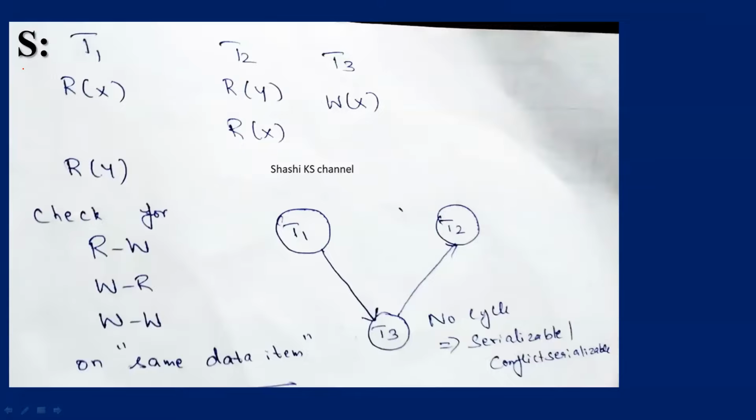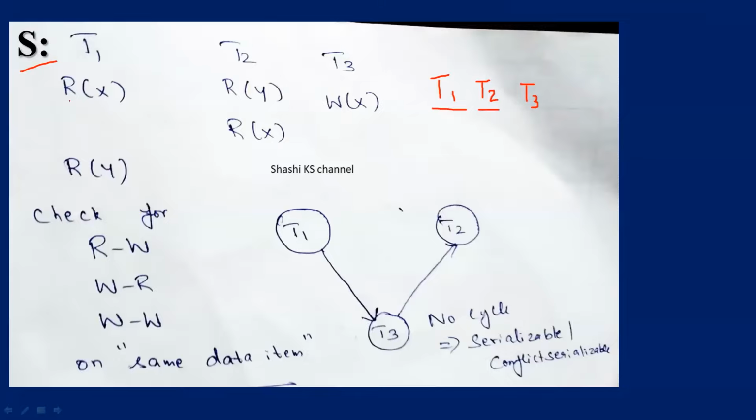So let's say this is the given schedule. Yes, I say that it is equivalent to one of its serial schedules. Let's say the serial schedule order is T1 and then T2 and then T3. Okay, so that means if I say this given schedule is equivalent to this schedule, then in this serial schedule order, T1 should finish all of its operations before T2 starts, right?